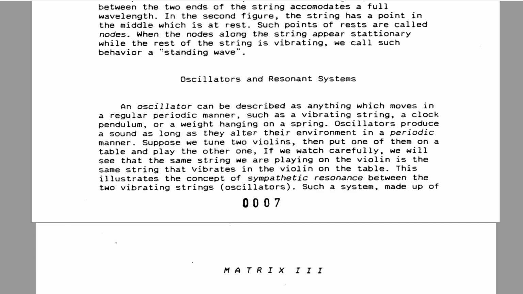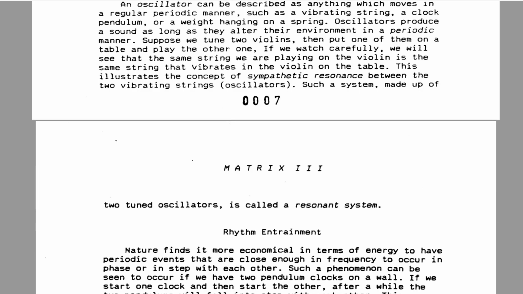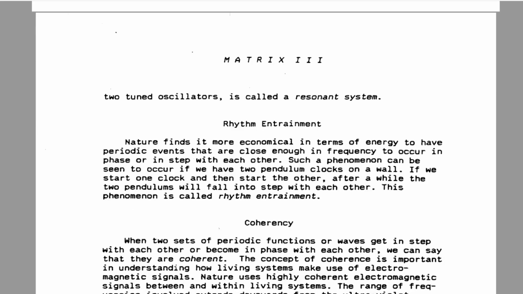If we watch carefully, we will see that the same string we are playing on the violin is the same string that vibrates in the violin on the table. This illustrates the concept of sympathetic resonance between the two vibrating strings. Such a system, made up of two tuned oscillators, is called a resonant system.